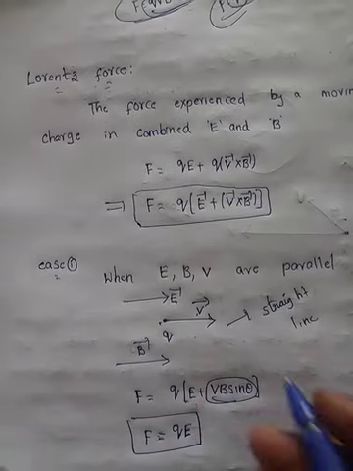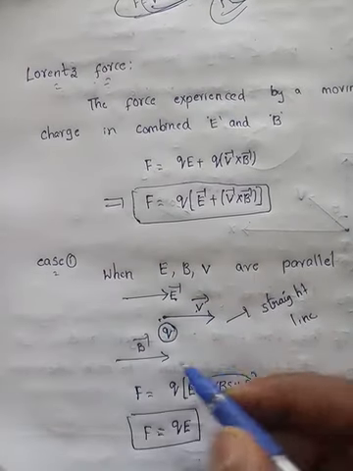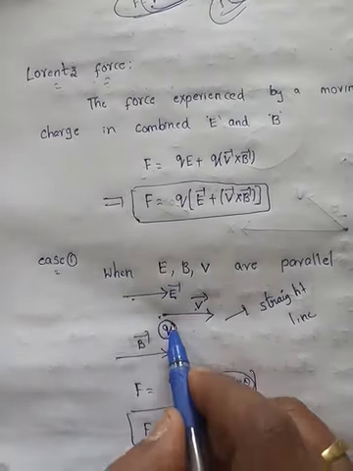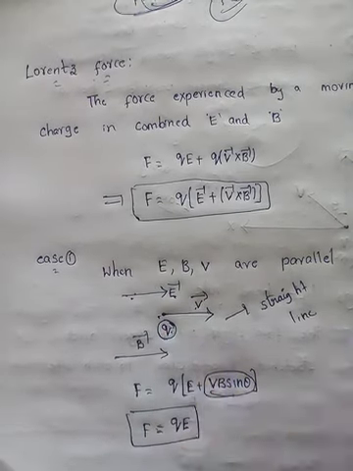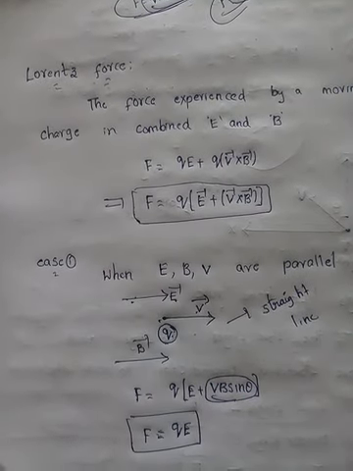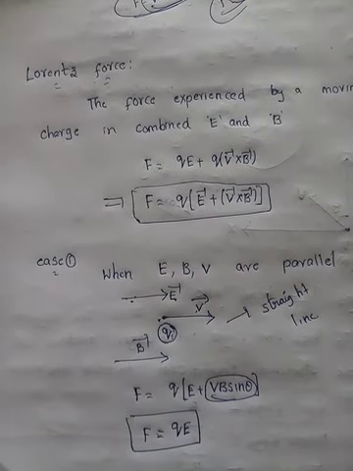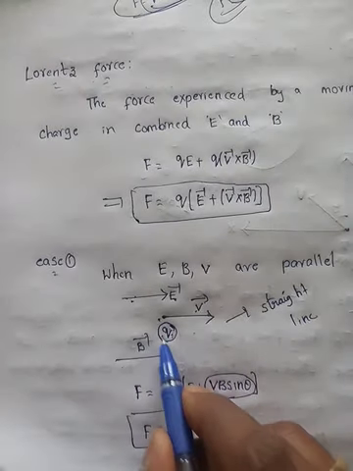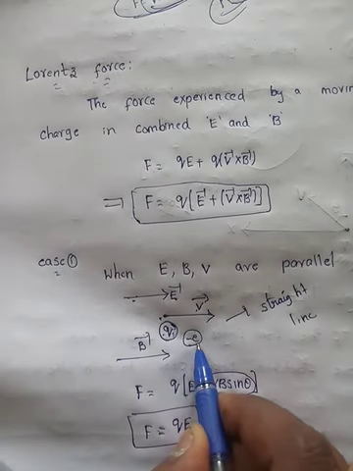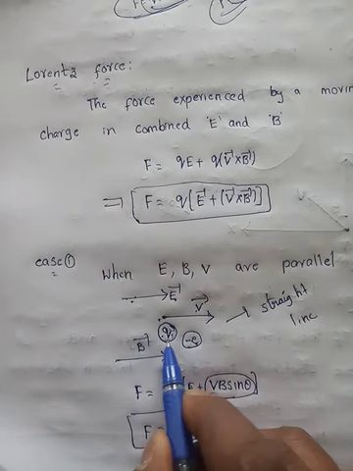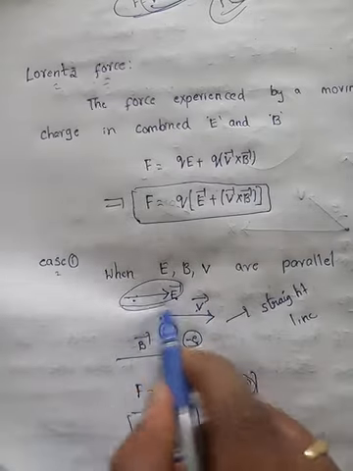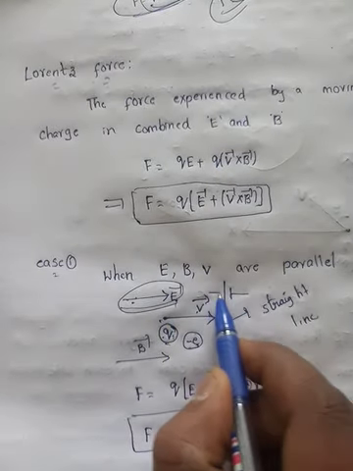If the charged particle is positive, since the electric field and the charged particle are along the same direction, the particle gets accelerated. If it is a negatively charged particle, what happens? Assume this is an electron. Here, the electron is moving in this direction and the electric field is also in this direction. Electric field always goes from positive to negative.